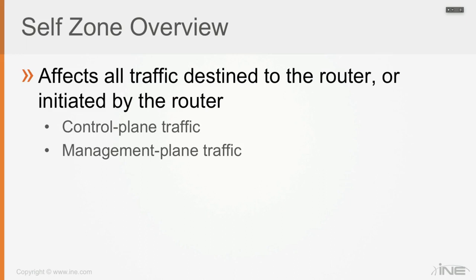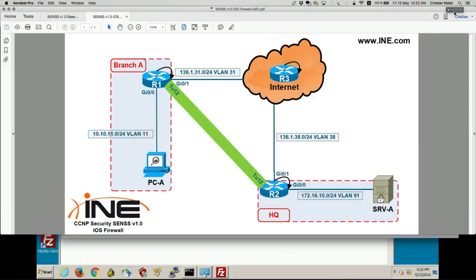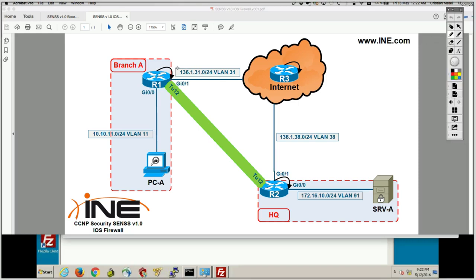Now, as we saw before, we have configured no firewall policies on router 1 for the self zone, none of them. We have defined no firewall policies for the self zone.